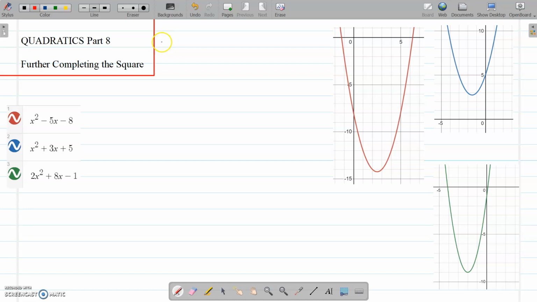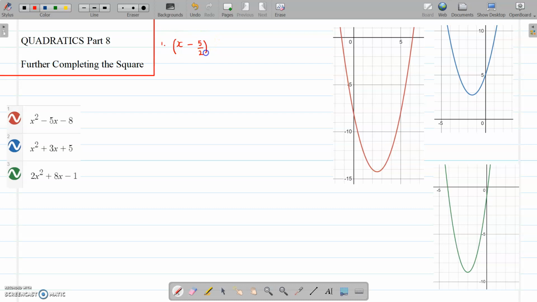So I'll do this one up here. We'll halve the x coefficient, which will give us x minus, now we wouldn't normally write 2.5, we would normally write it as 5 over 2. And we do the perfect square.